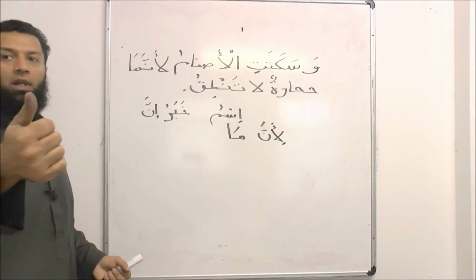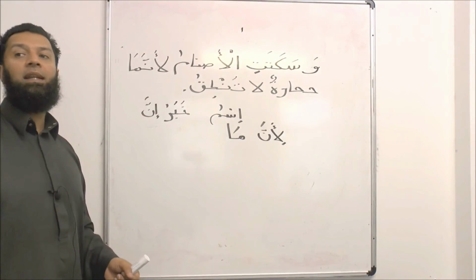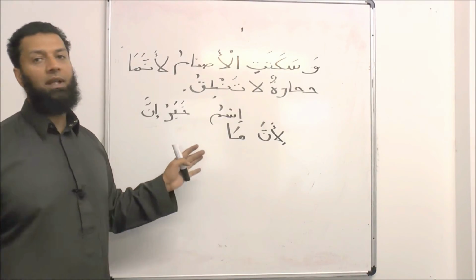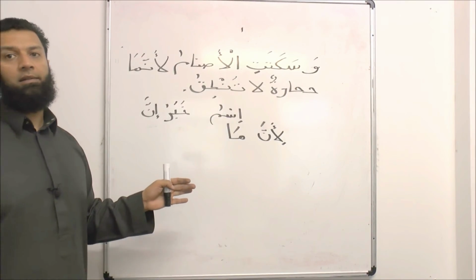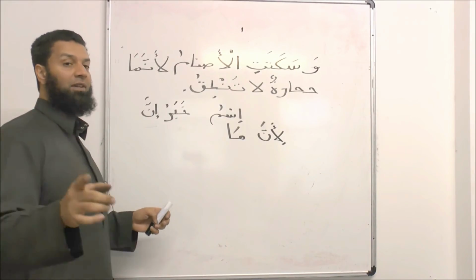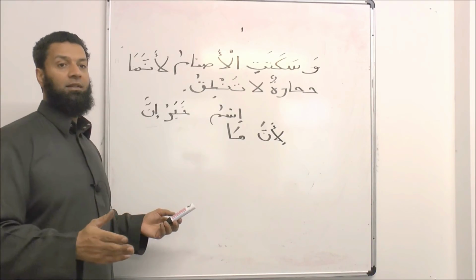It's mabaniyun ala sakuni fi mahalli nasbin. And then what actually is it? Ismu inna. That's how you say it properly. So not that difficult, really, when you think about it. And you know it all. You just need to connect it. Right?